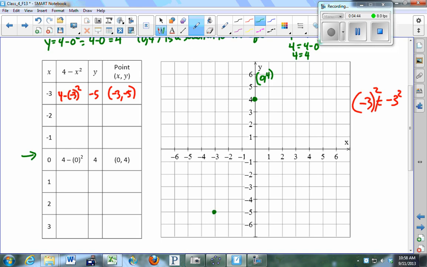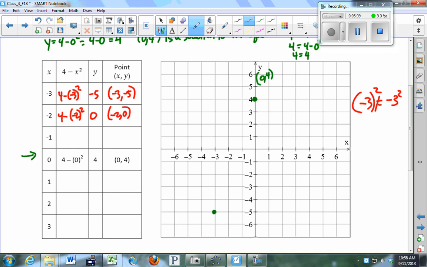Okay? So someone want to tell me what the value for y is when x is -2? 0. Do I have consensus? A couple other people? Yes, good. Okay, so x is -2, y is 0.